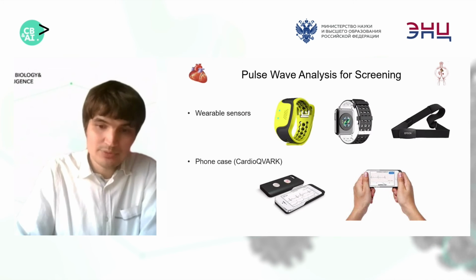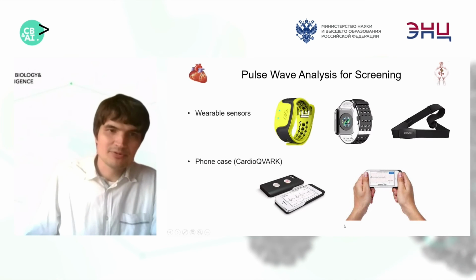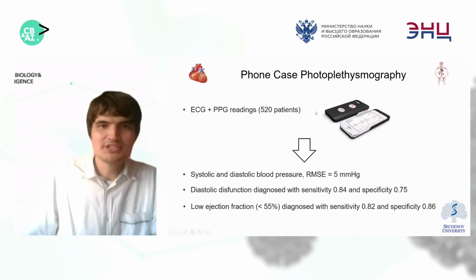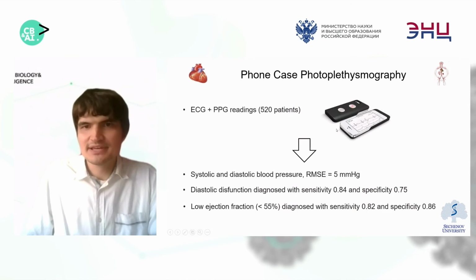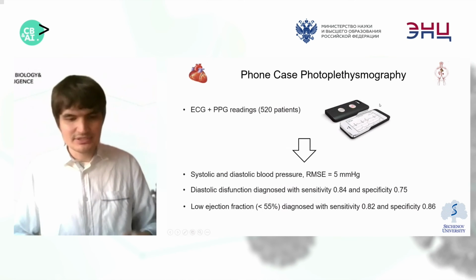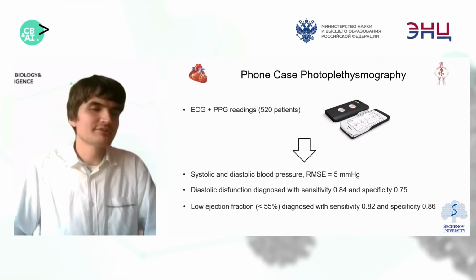And we performed a study at Sechenov University with the help of this Cardiac Quark device. We had about 520 patients participate in this study. We got their readings for photoplethysmography and electrocardiogram.